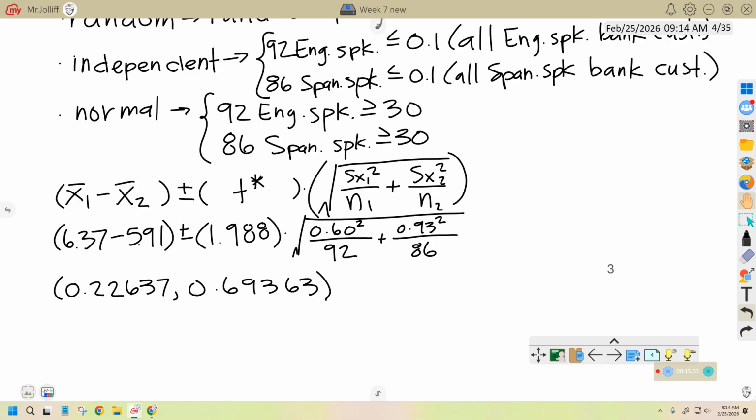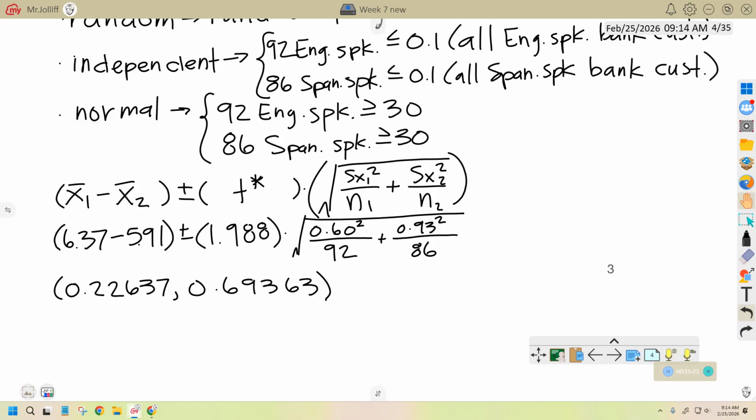A note for those of you who actually evaluated this expression in the calculator, and I know there's at least one person because I saw it while I was grading. If you do that, because we're using the conservative estimate for the degrees of freedom, your interval is going to be a little bit wider than what the calculator spits out.